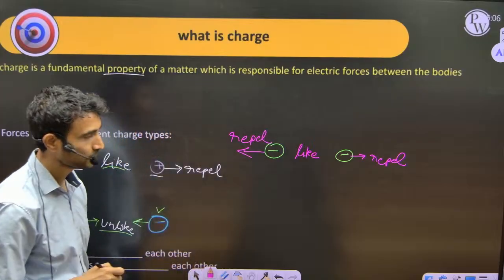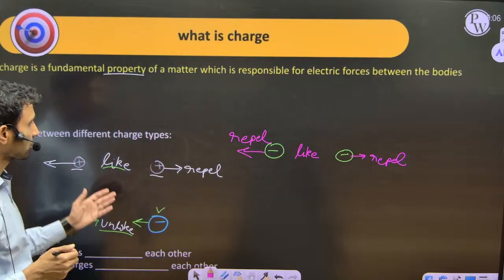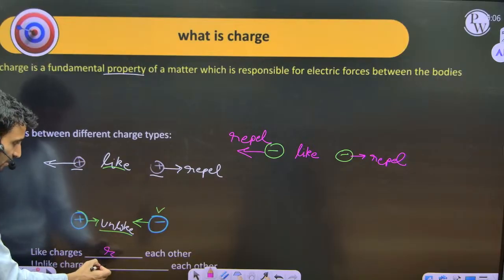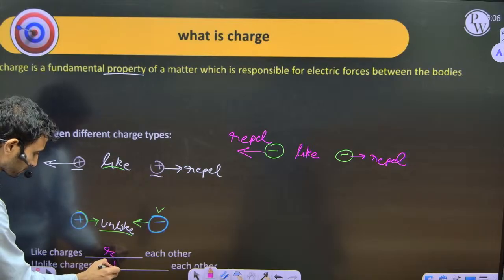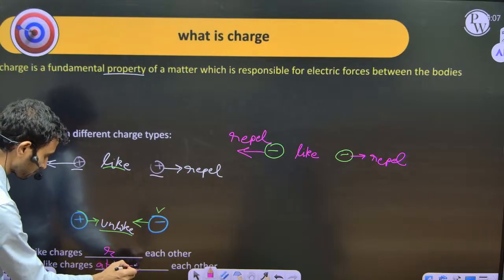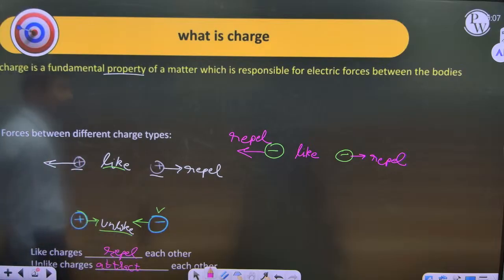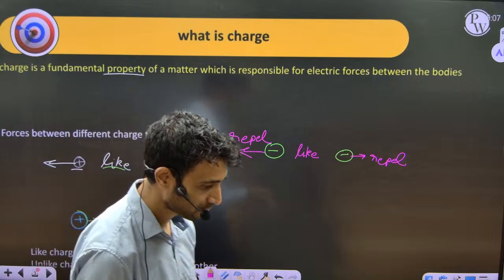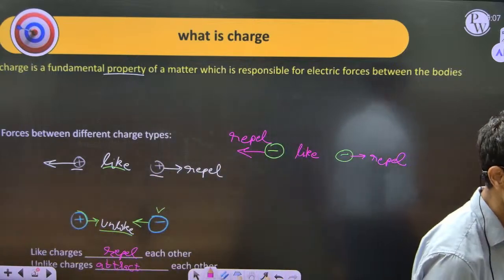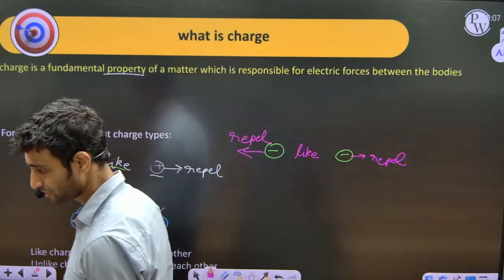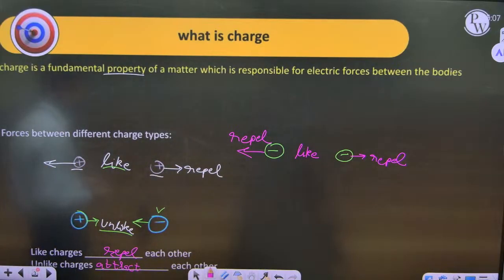As I alluded to, like charges repel each other, and unlike charges attract each other. This is the basic of what charge is and what it does. This is the very starting point of this chapter, and something that you have already studied also, I suppose. So let's go ahead.